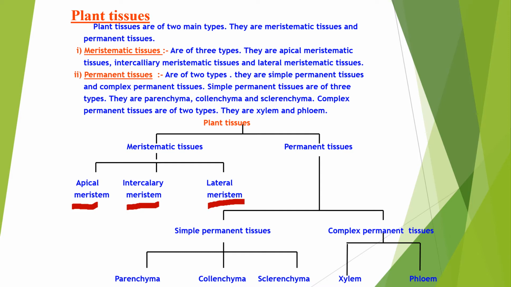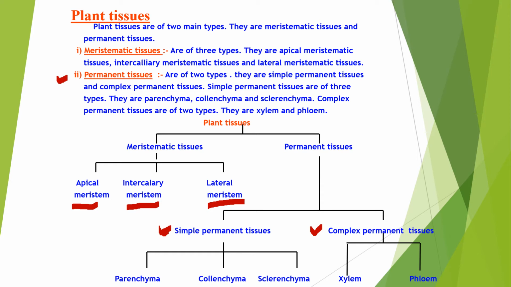Now we shall go into the next category, permanent tissues. Permanent tissues are differentiated cells, not like meristematic cells. They are differentiated and organized to perform certain functions. They are of two main types: simple permanent tissue and complex permanent tissue.